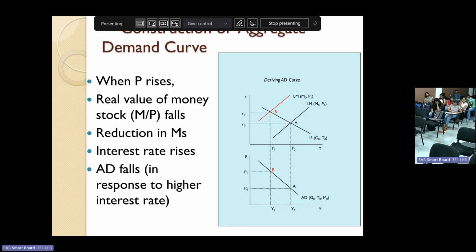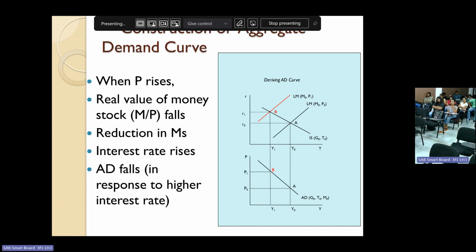Now here we take aggregate demand with G0, T0, and M0. Those are the autonomous variables. So this aggregate demand curve explains the relationship between the price and the income at a particular level of aggregate demand in the economy. If there is a change in government expenditure, taxes, or money supply, we know that changes aggregate demand. Those are the exogenous, demand side factors.